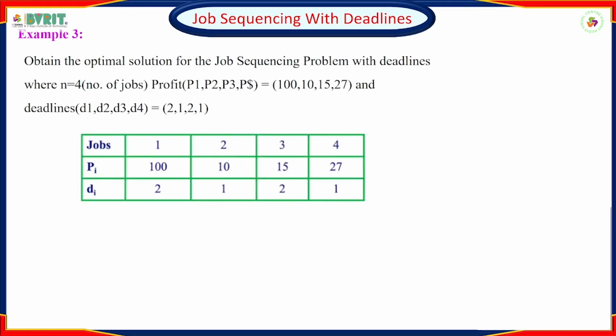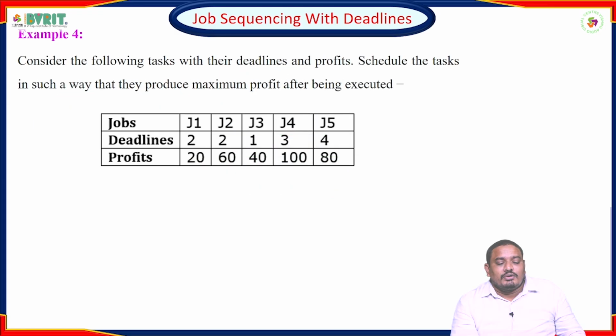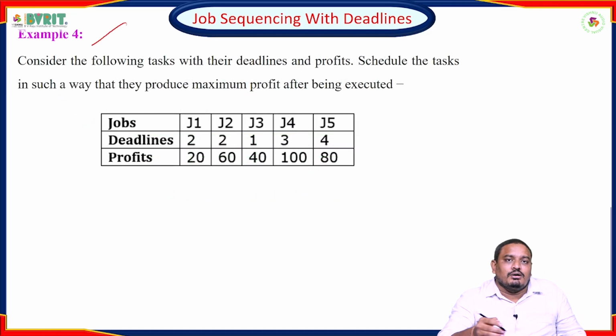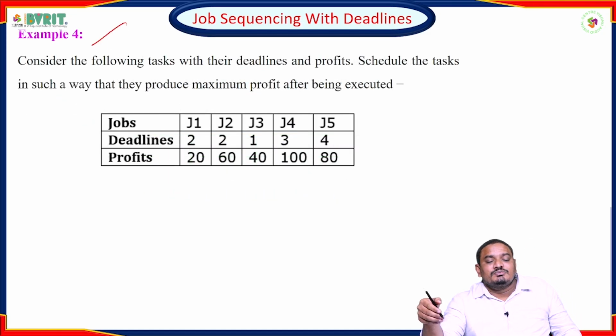This is another example for job sequencing with deadline. Here, find the optimal solution for the job sequencing problem with deadline, n equal to 4. The profits and the deadlines are given. This is the third example and fourth example for the assignment on job sequencing.